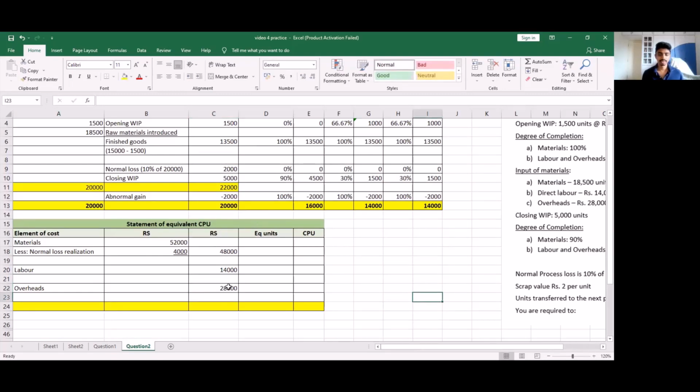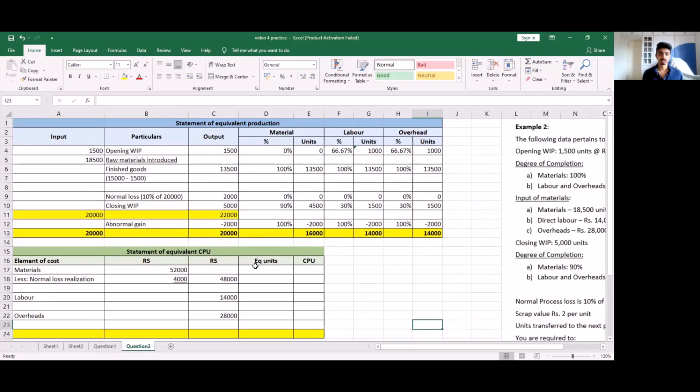Next, we fill in the equivalent units that we have found from our statement of equivalent production. So equivalent units for materials is 16,000. Equivalent units for labor and overheads is 14,000. So we find the cost per unit by dividing the amount by equivalent units. So here for materials, the cost per unit is going to be 48,000 divided by 16,000.